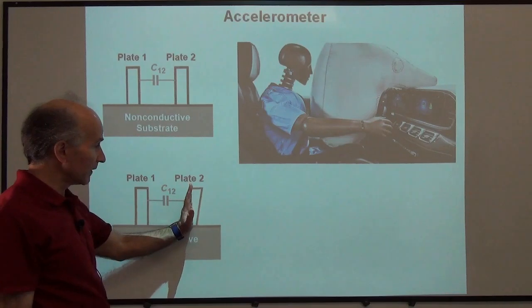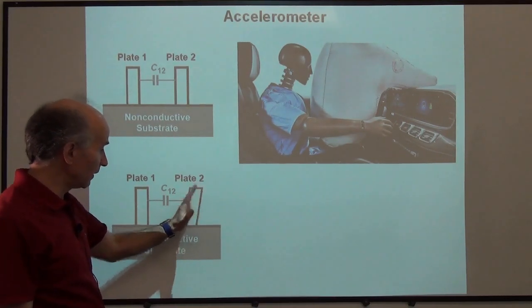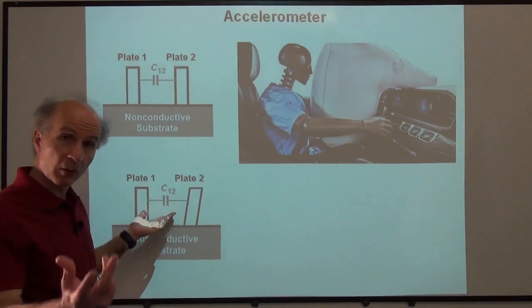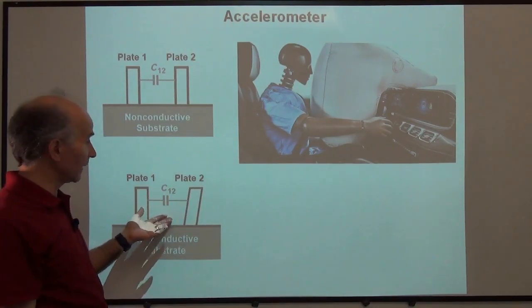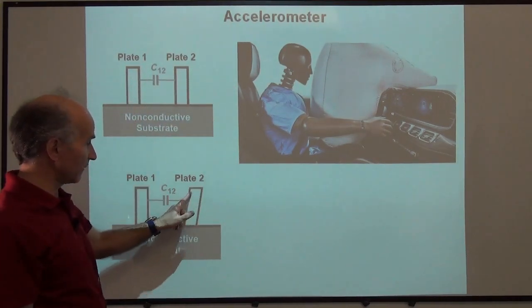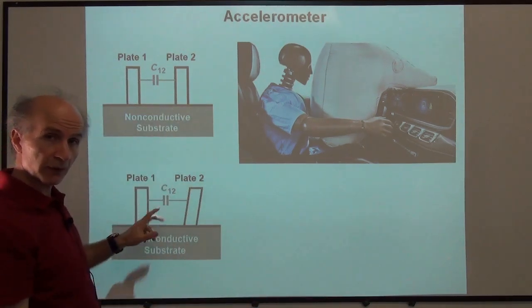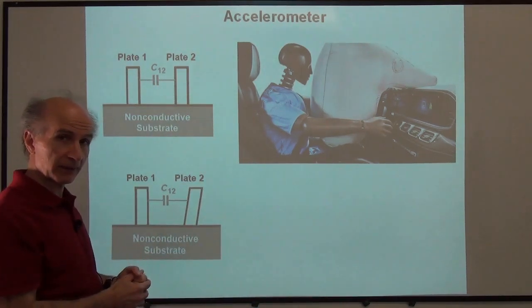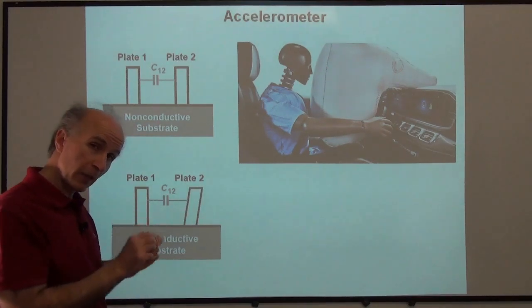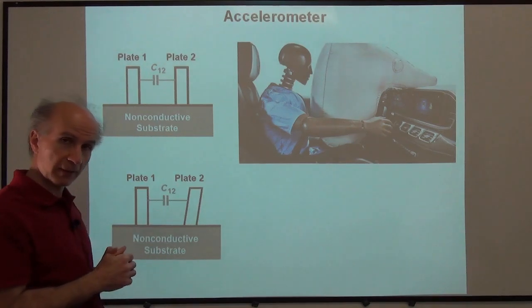So once plate number 2 tilts, the capacitance between these two actually changes by a small amount. You can imagine, right, that here the capacitance is given by some number. Here it is as if this plate has gone a little farther than before, so the capacitance decreases a little bit. So we can measure the change in this capacitance, and we can measure the acceleration.